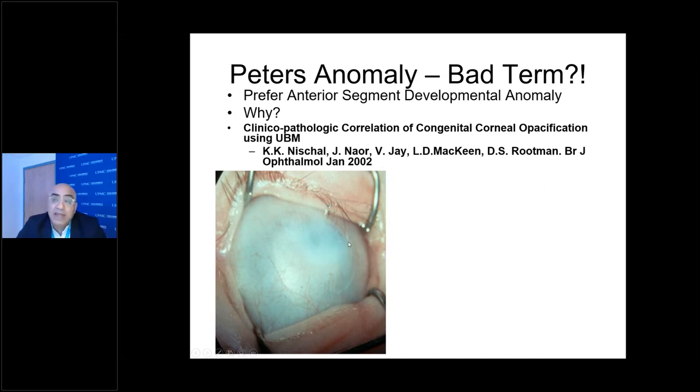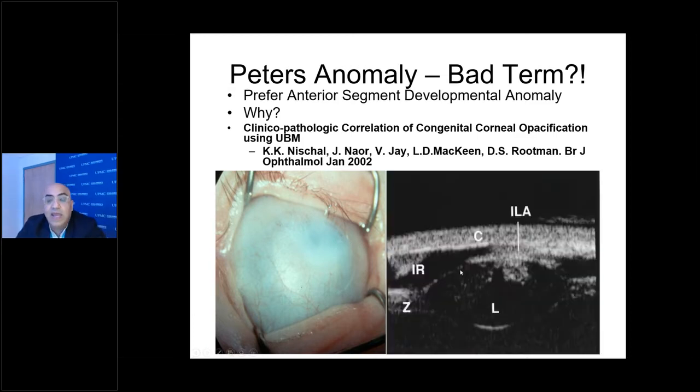But actually, when we did the high-frequency ultrasound, what you see here is the lens attached to the cornea. This is called keratolenticular adhesion. This is what you're supposed to see in what people call Peters anomaly type 2. So I think you can immediately see that the clinical diagnosis of sclerocornea was actually incorrect.